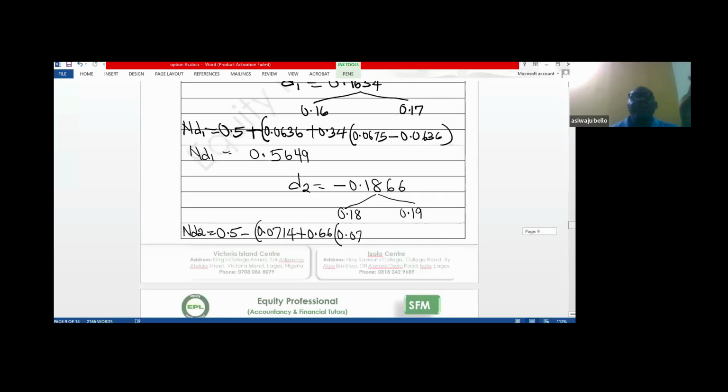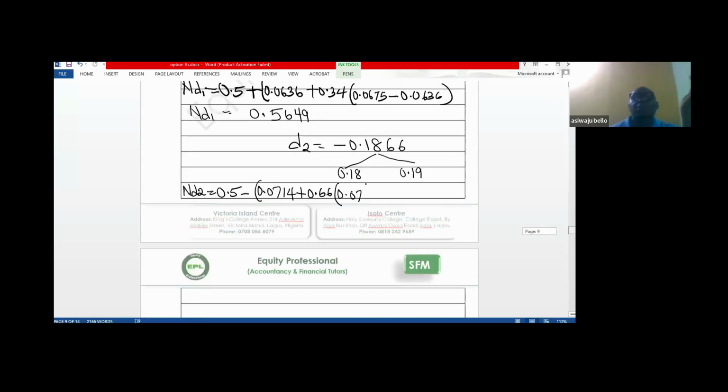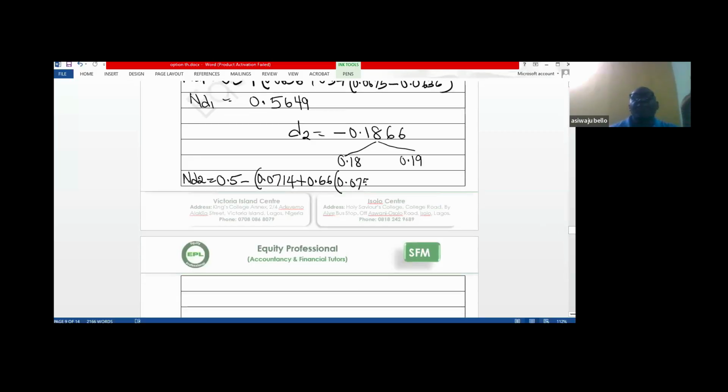Okay, 53, yeah. This is from your normal distribution log. 0.1 traced to 9 will give you 0.0753, minus the figure you have here, 0.0714. That will give you your ND2.